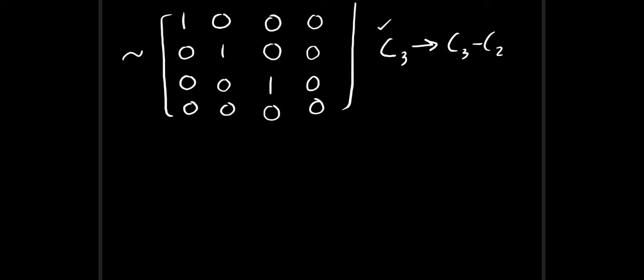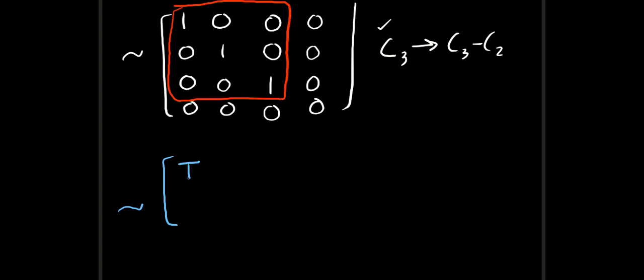Okay, now look at this. All I see is an identity matrix. I hope you're able to see the identity matrix, and I'm going to write like this just for design's sake. So the order of the identity matrix is 3.